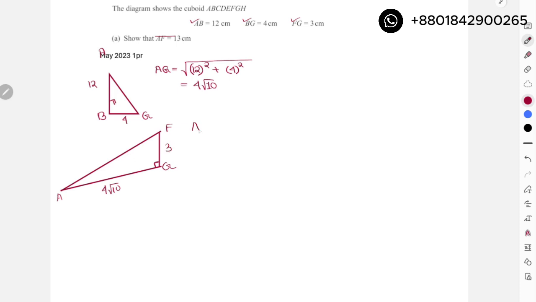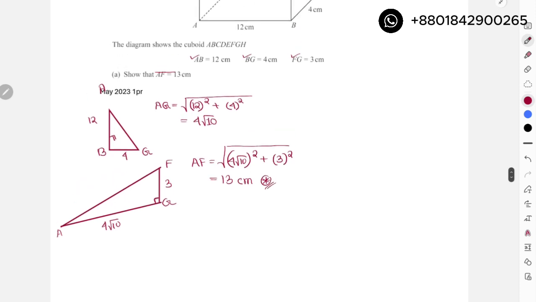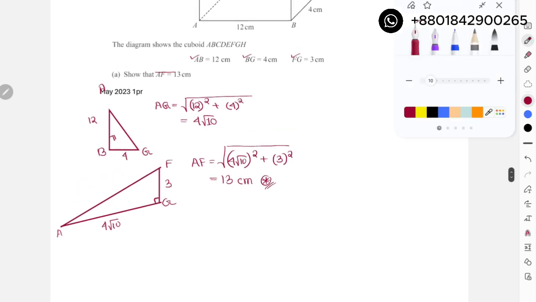That means AF, I can easily calculate as (4 root 10) whole square plus 3 square, everything under the root. That leaves you with exactly 13, right? And this is the value that your question was asking for, so we have proved it clearly. So we are done with this part A.